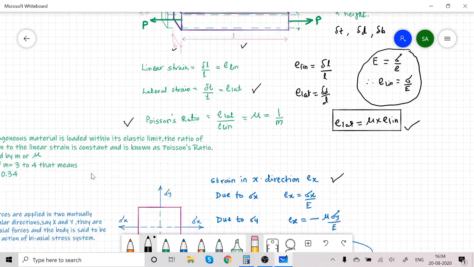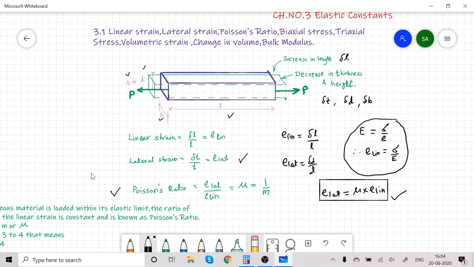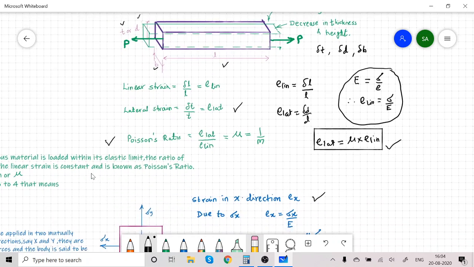For example, here as we are applying tensile force, there is increase in length, but correspondingly decrease in cross-sectional dimension. So the tensile stress produces positive strain, an increase in dimension along which it is acting, but it reduces the cross-sectional dimension. So therefore it is opposite.